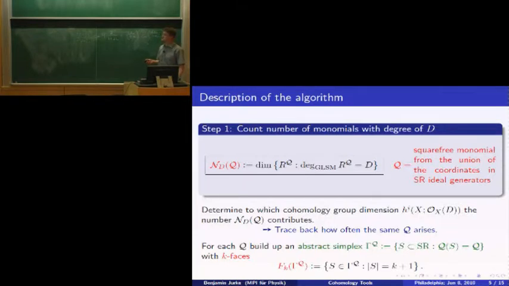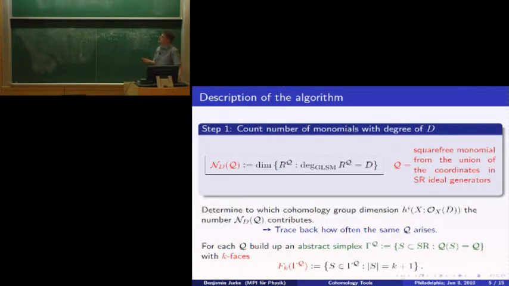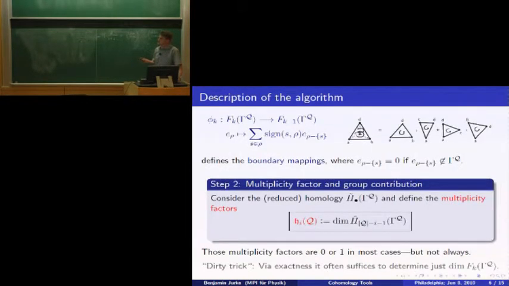And once you have built up those k phases, what you do is consider a boundary mapping. Well, for a complex, of course, you need mappings, and those are actually pretty simple. This is nothing else than taking an ordinary simplex boundary.